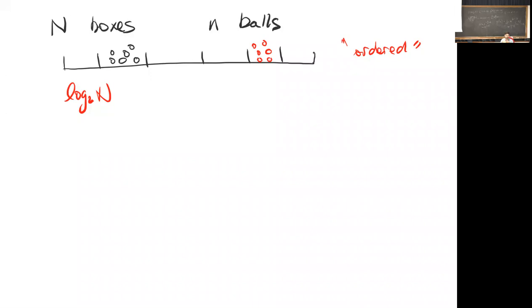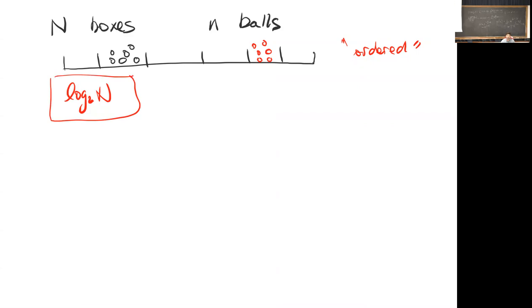Let's say that the balls are in one of the boxes. You have no idea which one. Which binary questions would you ask in order to find the microstate with as few questions as possible? And actually, the number of questions you need will be exactly this.